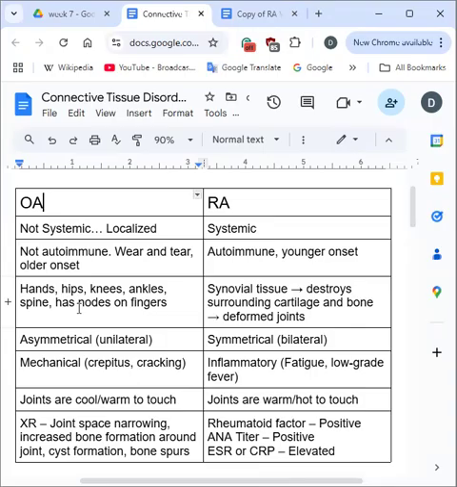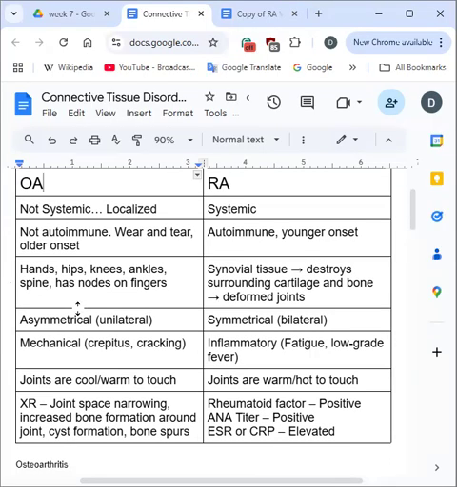And OA in the hands has these little nodes that we'll go over as well. While RA is an inflammatory condition, it has inflammation in the synovial tissue, and that inflammation leads to destruction of the surrounding cartilage and bone, leading to joints that are deformed from inflammation.